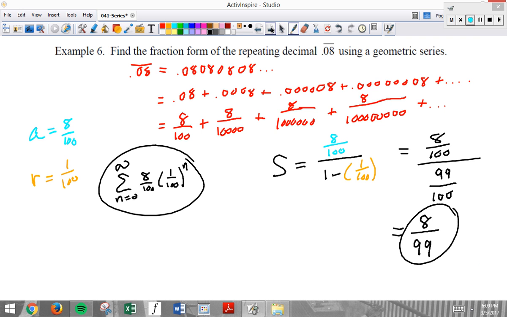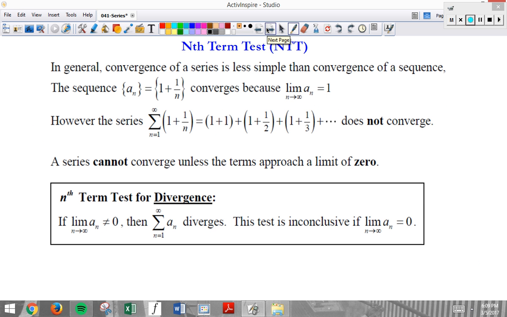Okay, so. A quick discussion. Very quick discussion. In general, the convergence of a series is less simple than the convergence of a sequence. This sequence converges because the limit of the sequence is 1.